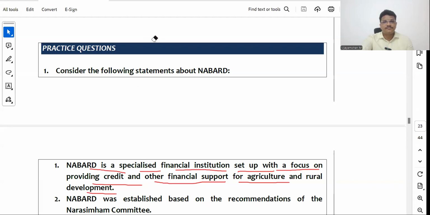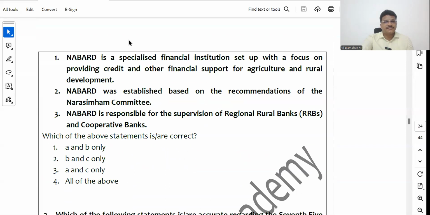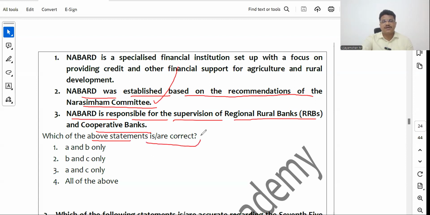Second statement, NABARD was established based on the recommendations of the Narasimham Committee. Third statement, NABARD is responsible for the supervision of regional rural banks and cooperative banks. Which of the above statements is or are correct?